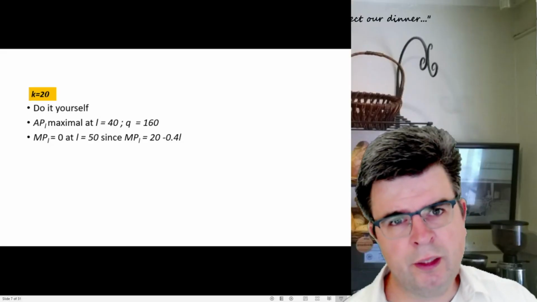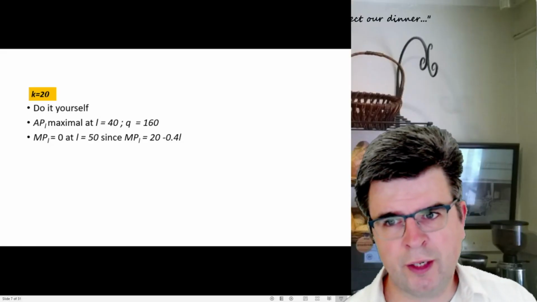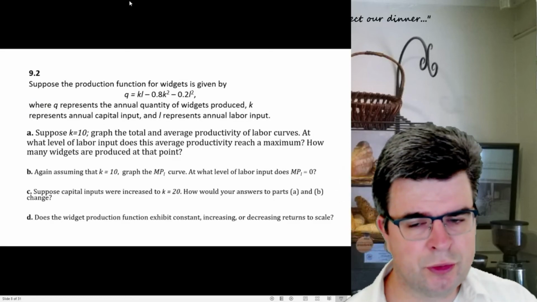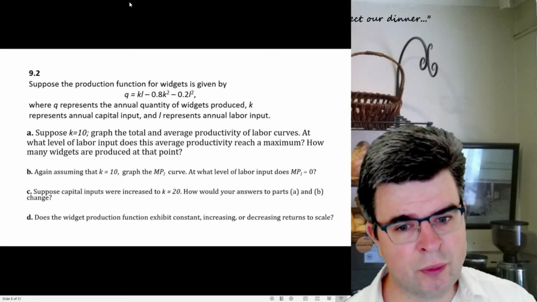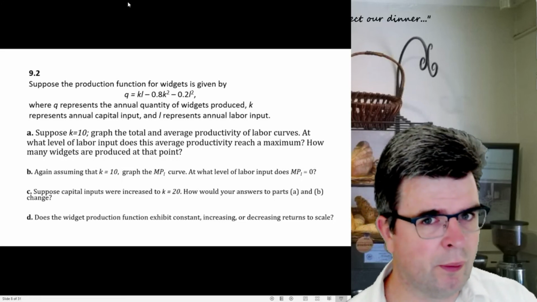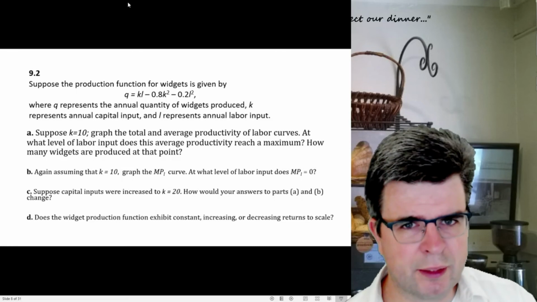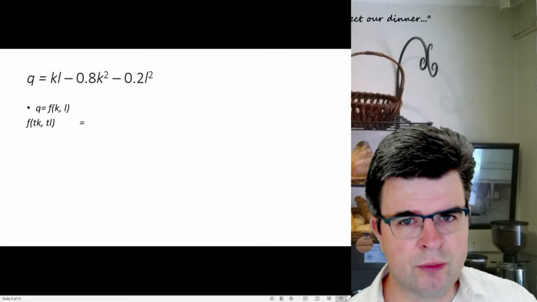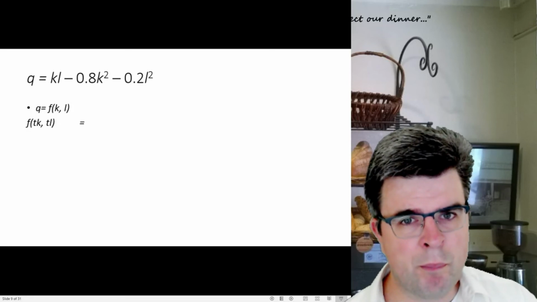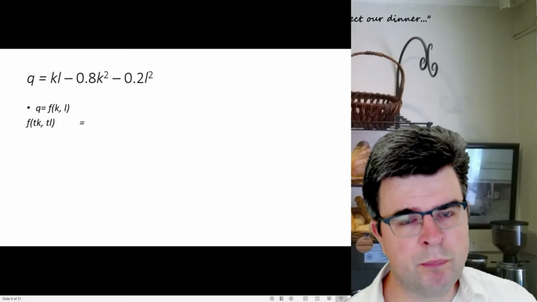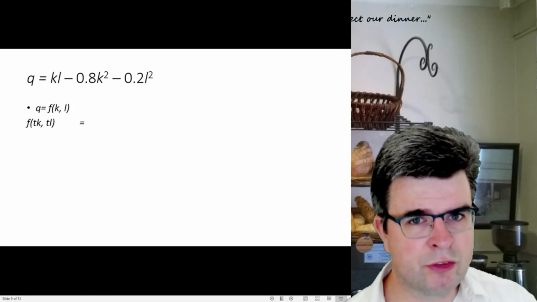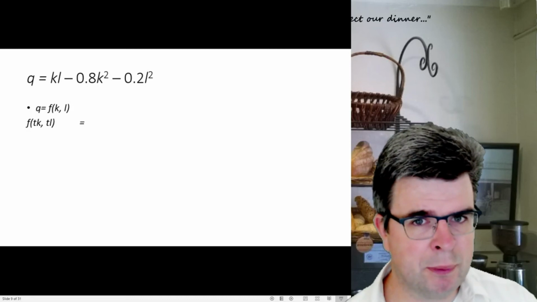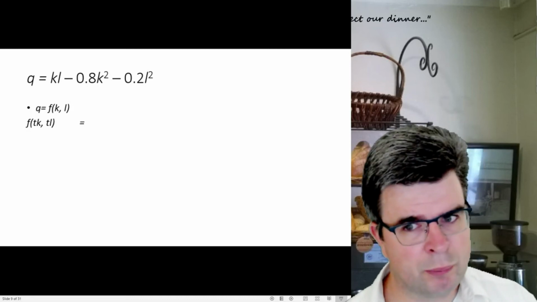Then finally, we need to do a short final question, which is question D. Does the widget production function exhibit constant, increasing or decreasing returns to scale? You can answer this question rather mechanically. You have this production function, and what you need to do is multiply both the units of capital and labor by the same factor, call it T, and see what happens to your production.